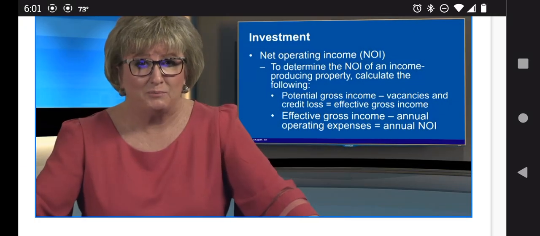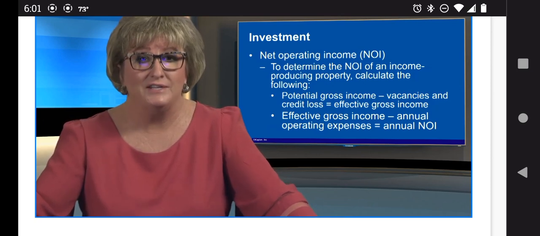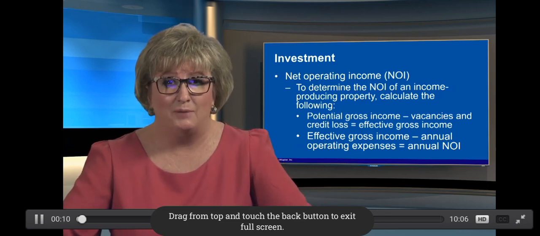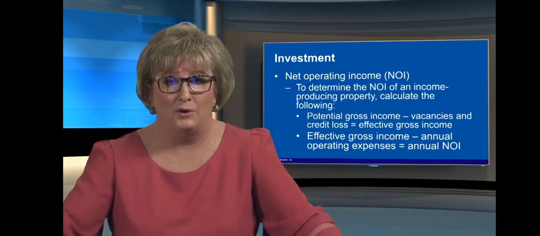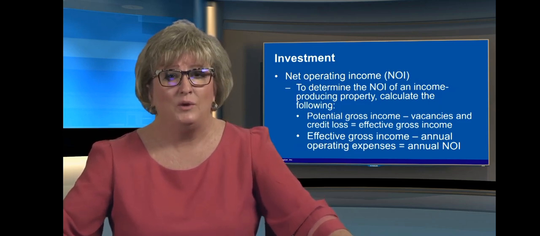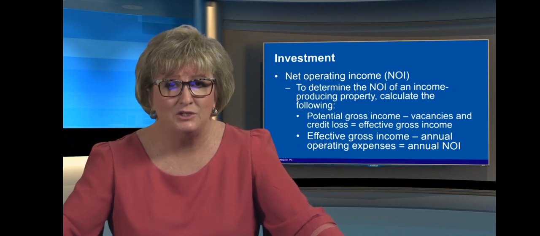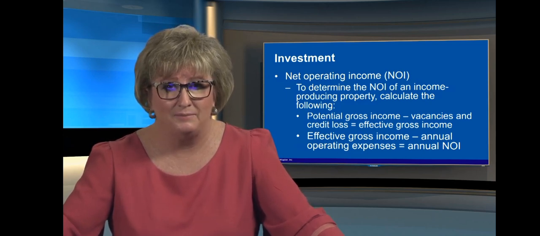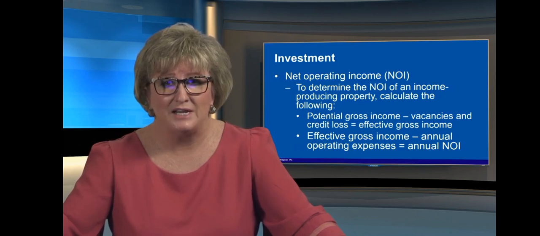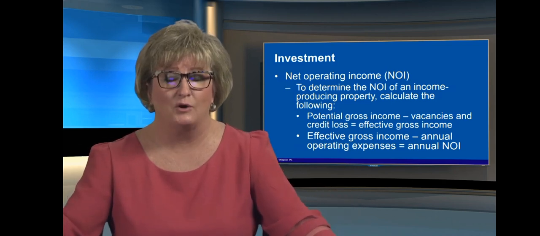Calculations for investment properties require calculation of the net operating income. So to determine the net operating income, or NOI, of an income-producing property, we do this. We take the potential gross income minus the vacancies and credit loss, and we come up with an effective gross income.